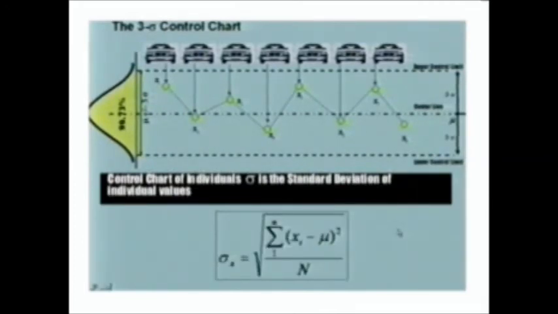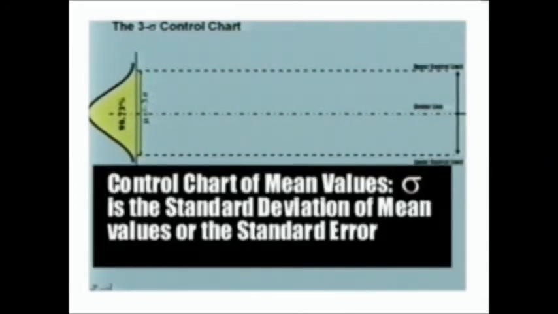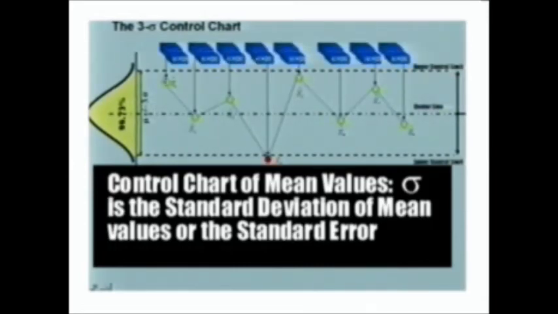Very good. If on the other hand we have a subgroup plotted on the chart, meaning a group of numbers, and the point on the chart is a summary, say the standard deviation or the mean value of a subgroup, then we're no longer dealing with an individual component, we're dealing with a collection of components.